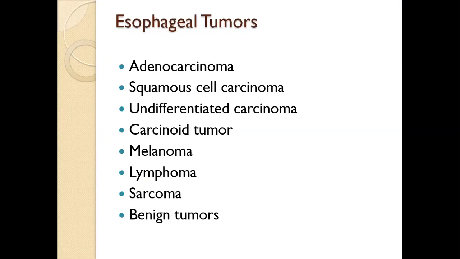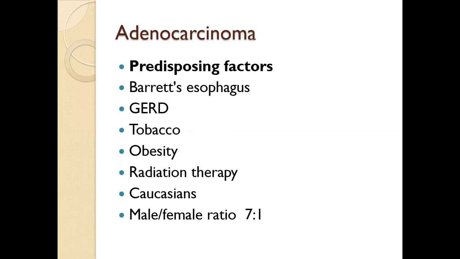Other less common tumors are undifferentiated carcinoma, carcinoid tumor, melanoma, lymphoma, sarcoma, and some benign tumors like leiomyoma in the wall of the esophagus. They may also occur, but the most common are adenocarcinoma and squamous cell carcinoma.